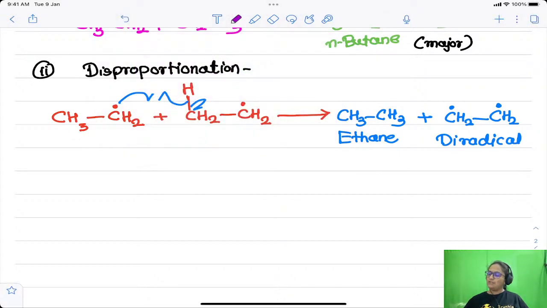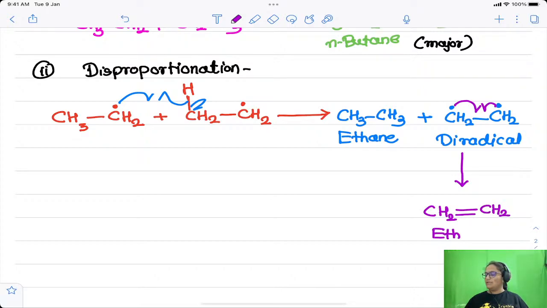Now what happens to this di-radical further? It is going to form a bond with each other like this. Already there was a single bond present between these two, and now there will be formation of a double bond. So this is how we get another product, and that is nothing but ethene.